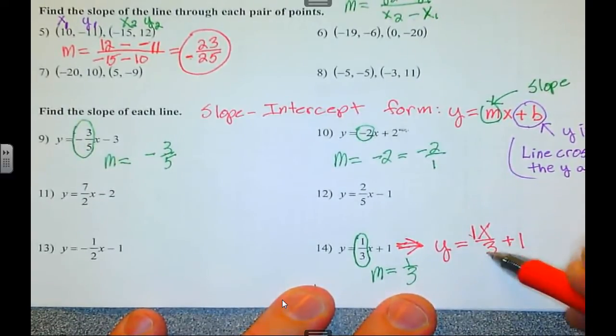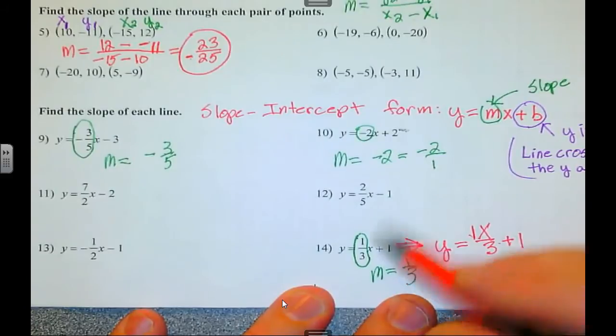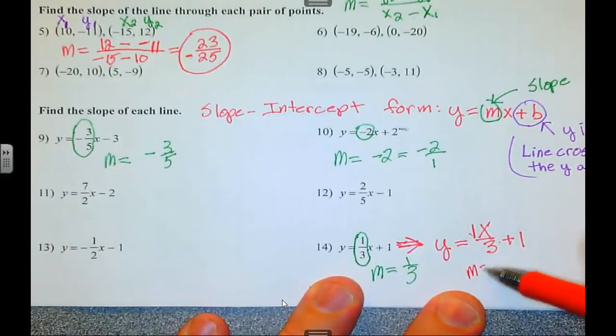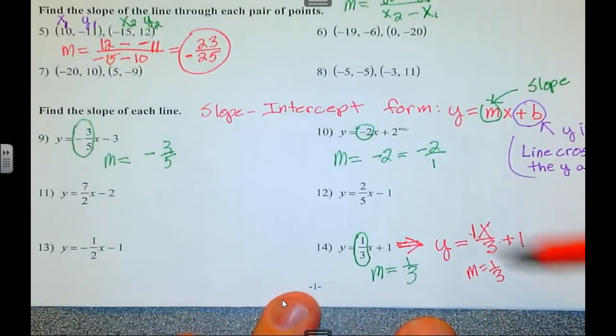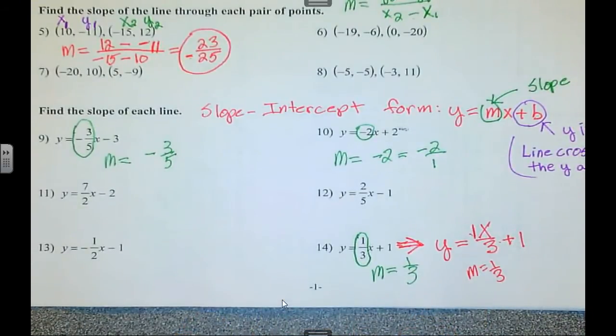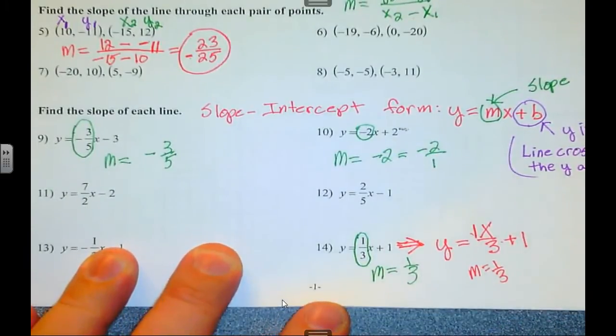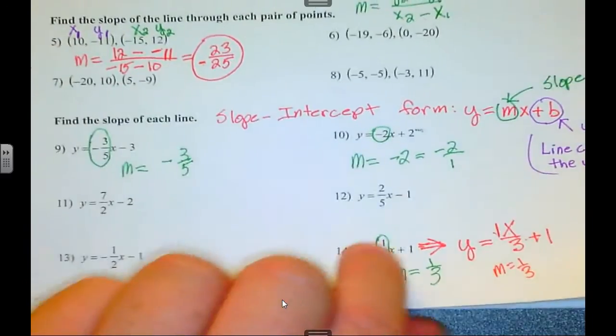So that's where we get the 1/3 and the x outside. A lot of times you'll just see x up on top. Your slope would still be 1/3. Just be careful. Sometimes it's a little tricky with that. Questions? All right, turn the page.